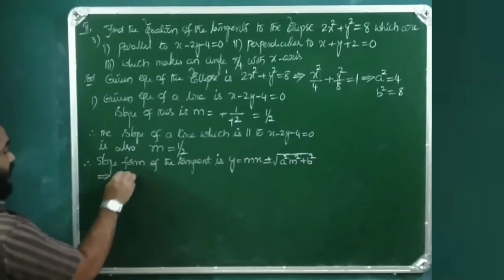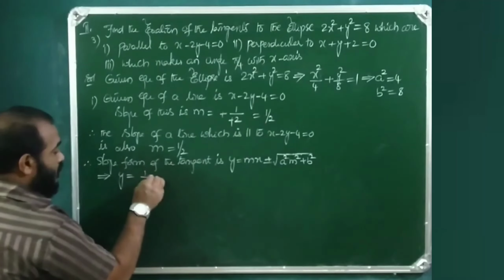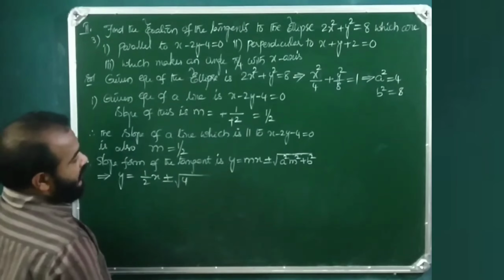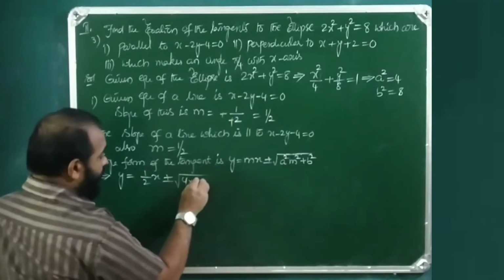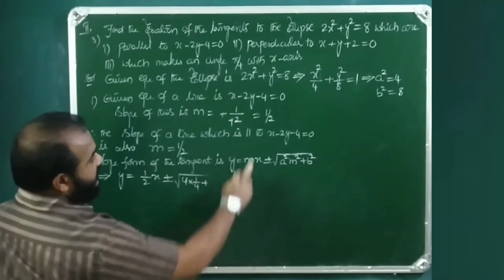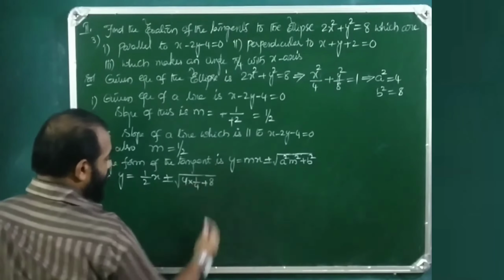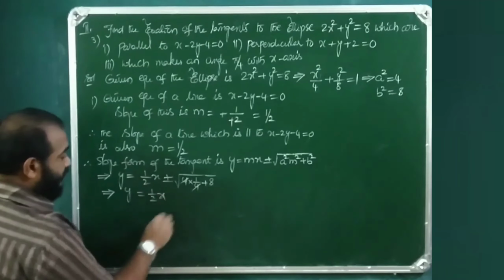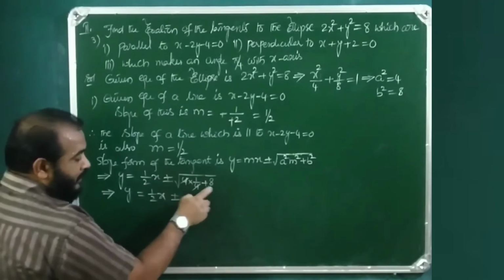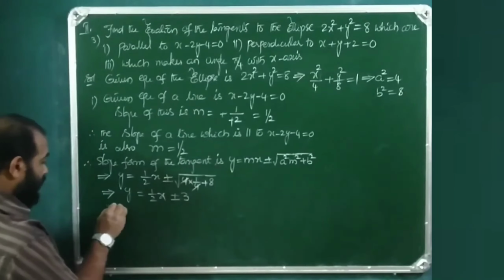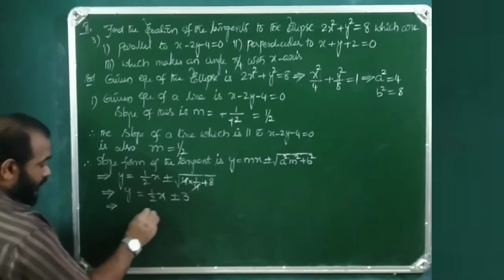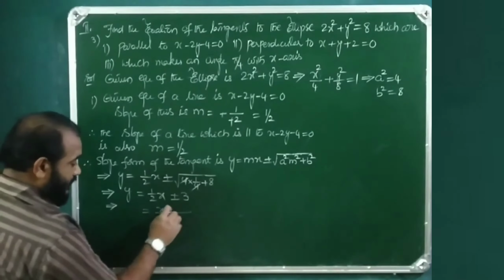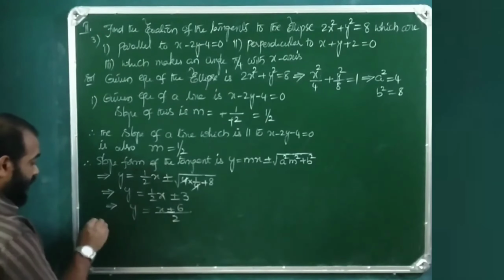So y equals 1 by 2 x plus or minus square root of a square is 4, m square is 1 by 2 whole square, 1 by 4, plus b square is 8. So 4 gets cancelled. y equals 1 by 2 x plus or minus square root of 1 plus 8, 9. Root 9 is 3. If you take LCM 2, this is x plus or minus 6 equals 2y.